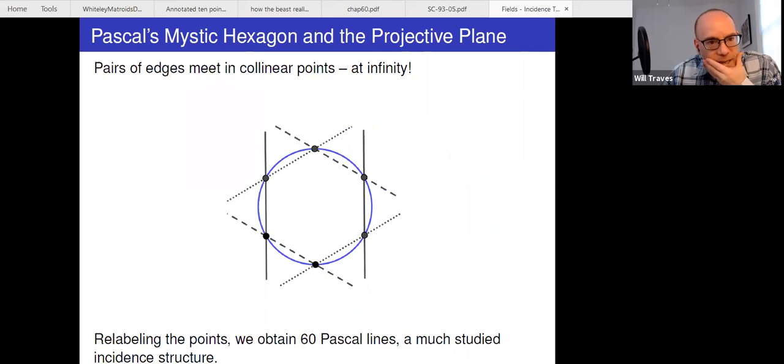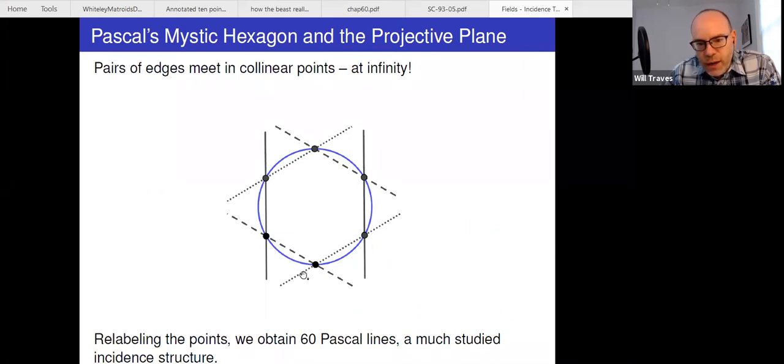Okay, Pascal's theorem was a bit controversial at the time, in fact. It's sometimes called the mystic hexagon theorem. And the reason is that if the 6 points you have are the vertices of a regular hexagon, then they lie on a circle.